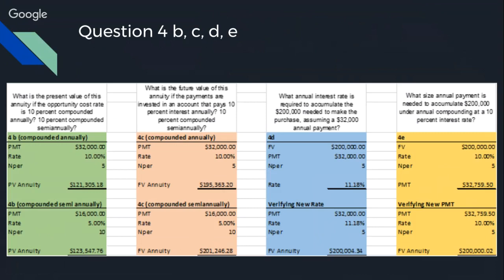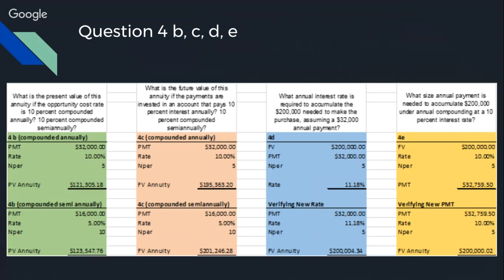Now, here's questions 4B, C, D, and E. These ones involve a little bit more future value, present value, annuity and rate. It's not too bad in Excel, right? But it would take forever to do longhand. So here are the different questions. There's what is the present value of this annuity if the opportunity cost rate is 10% compounded annually, or 10% compounded semi-annually. We've got C, which is what is the future value of this annuity if the payments are invested in an account that pays 10% interest annually. What about 10% compounded semi-annually?